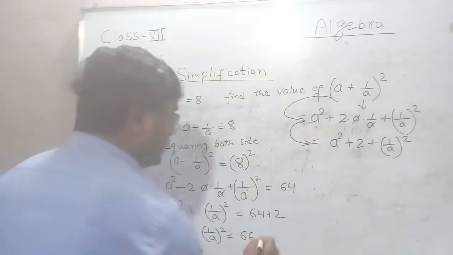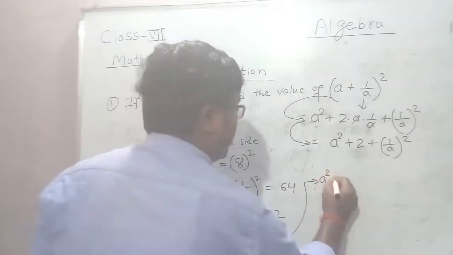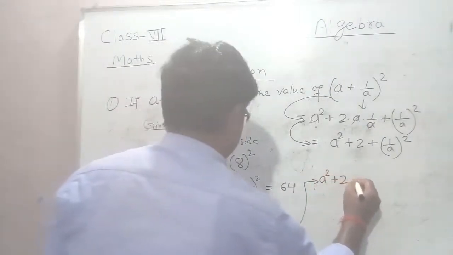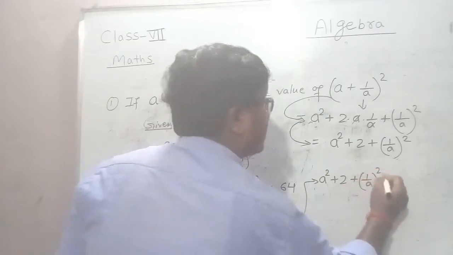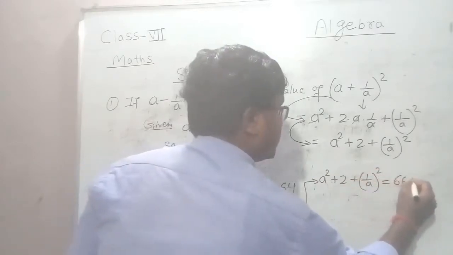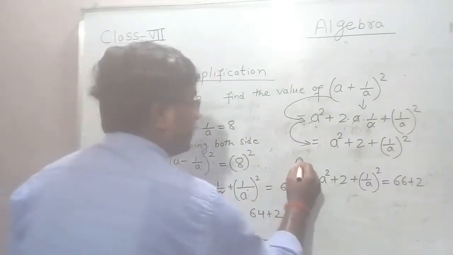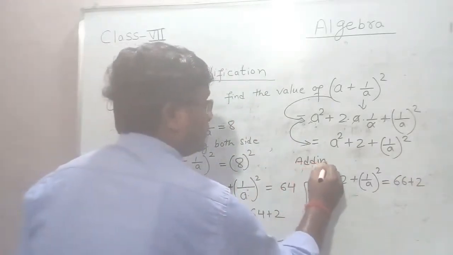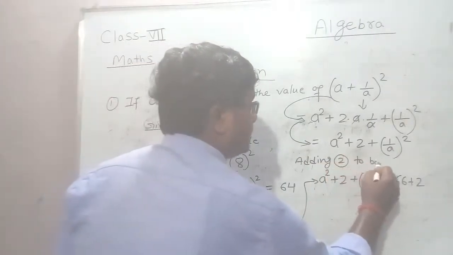So what I will do here: a square plus 1 upon a square is equal to 66, and I will add 2 to both sides.